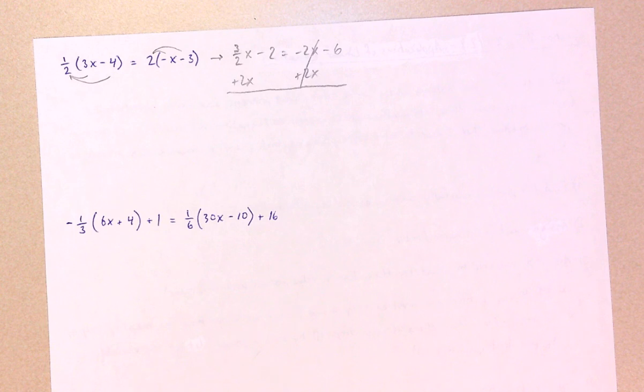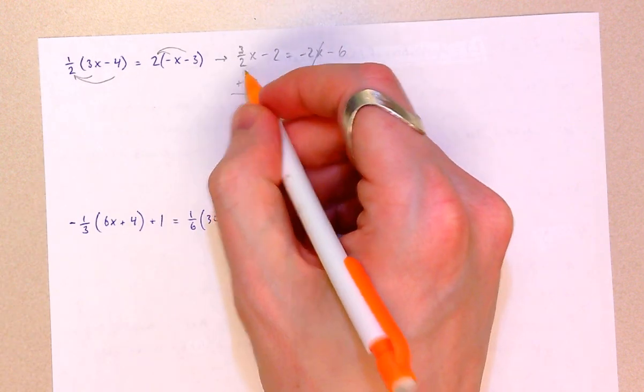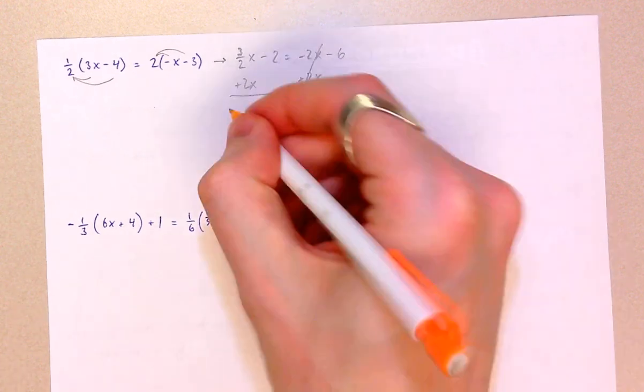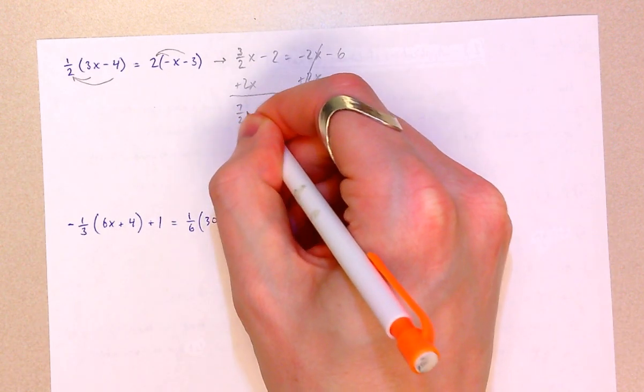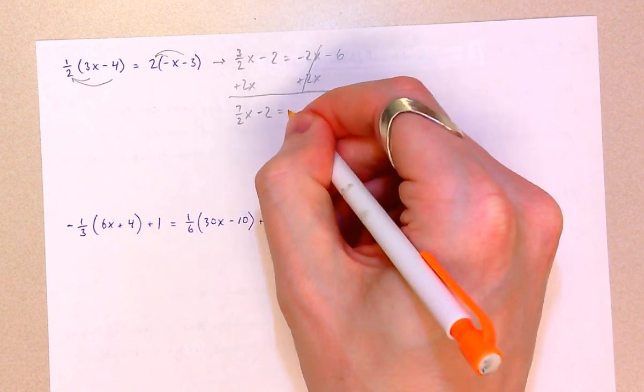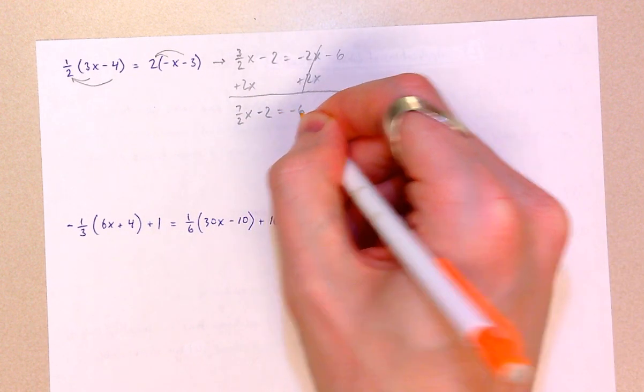Those add to 0 there. And now I have 3/2 x plus 2x. If you do 3/2 plus 2, you get 3.5, or 7/2 x. Minus 2 is equal to negative 6.